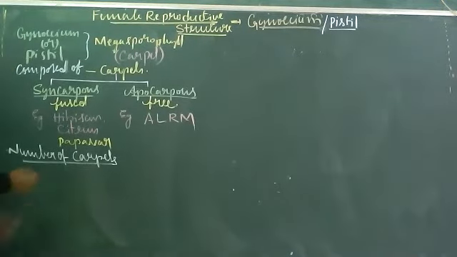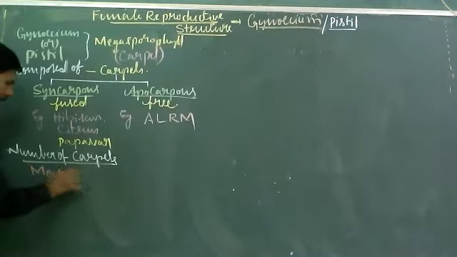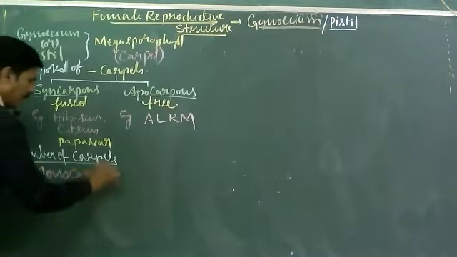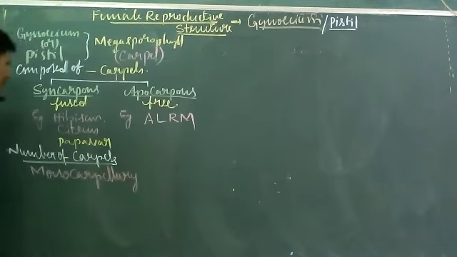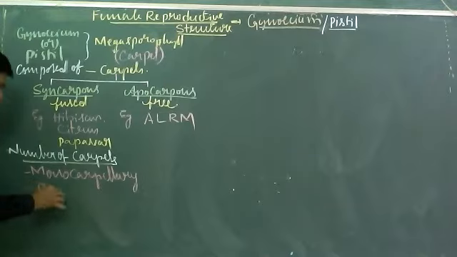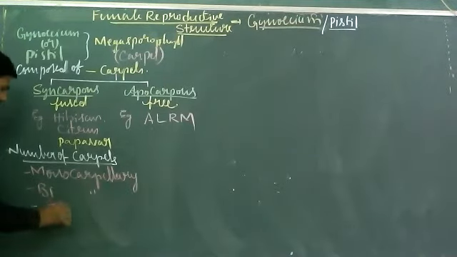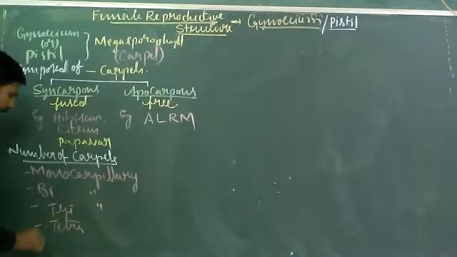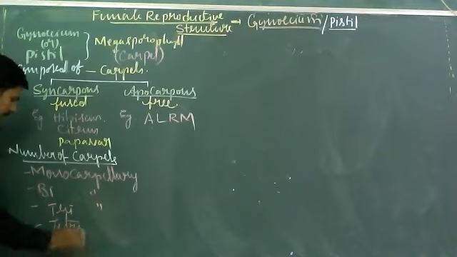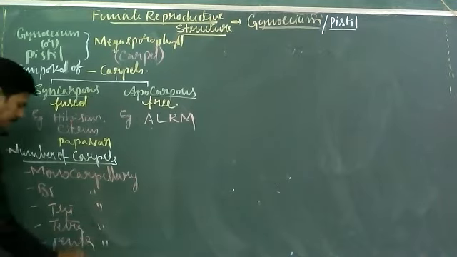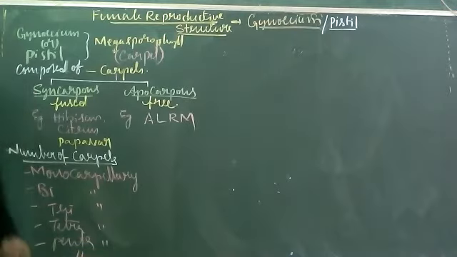Now you please see monocarpellary, bicarpellary, tricarpellary, tetracarpellary, pentacarpellary, multicarpellary. So you can understand easily.